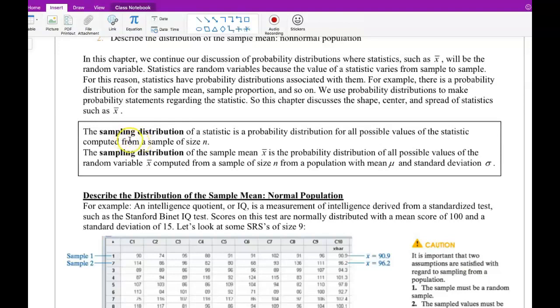Here on this part we have the sampling distribution of a statistic, which is the probability distribution for all possible values when we have a sample size of n.